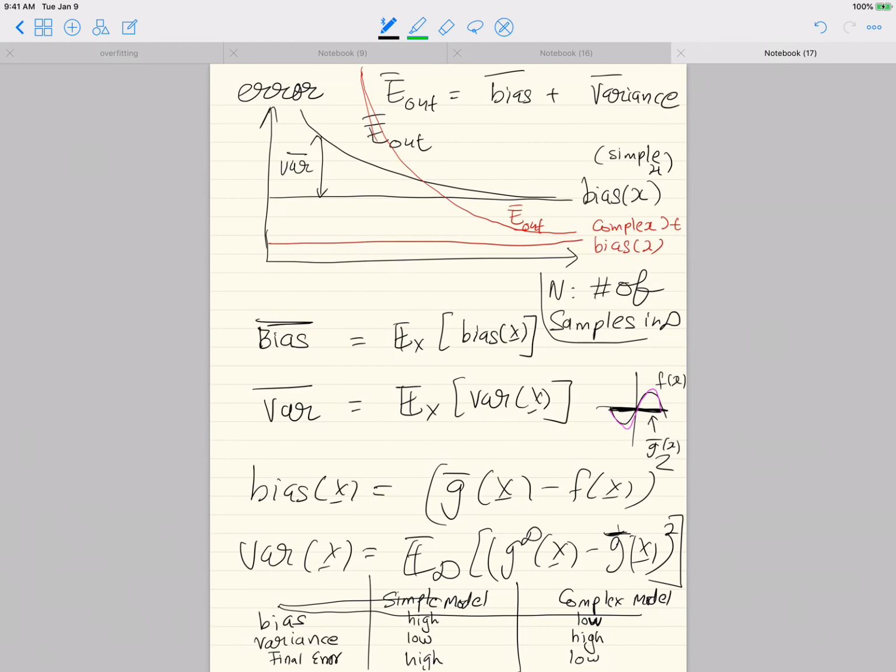It's because typically it's this thing, right? Like if you have a simple model, the bias is high, whereas for a complex model, the bias is low, and the variance is opposite. For a particular hypothesis class, the bias is a constant.